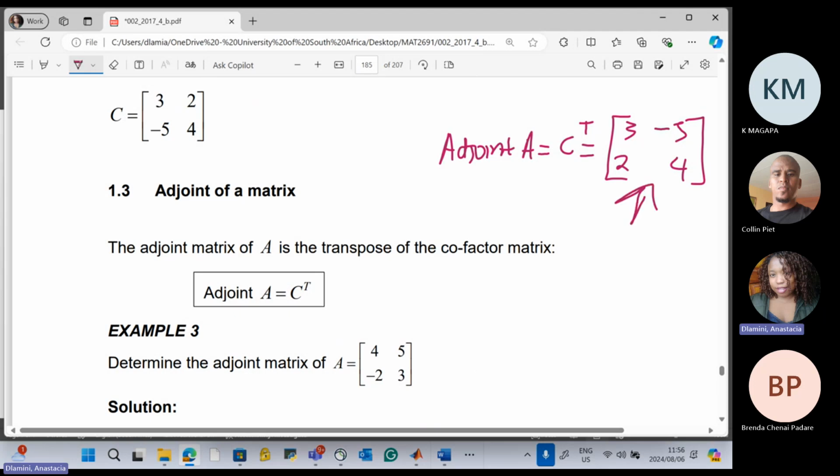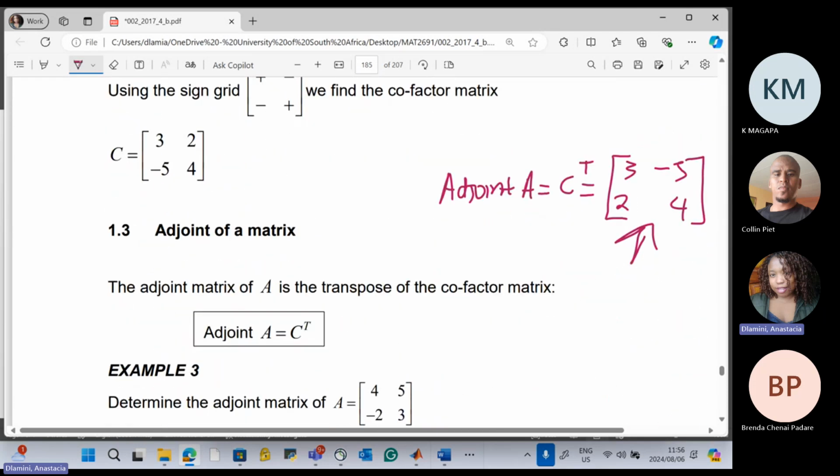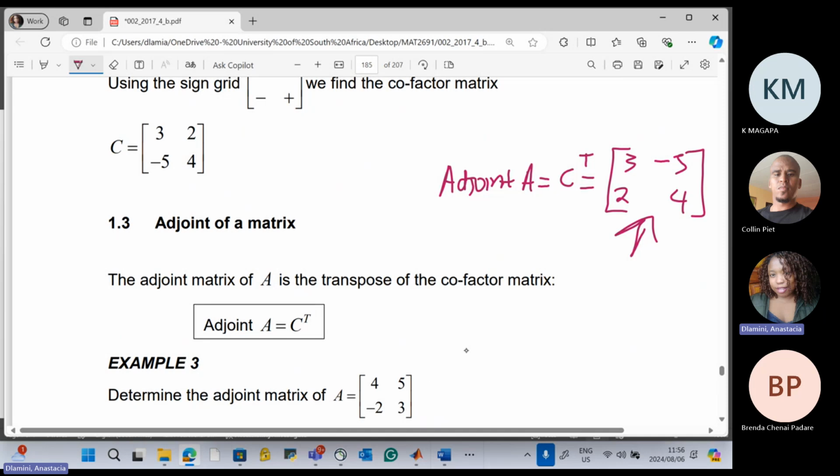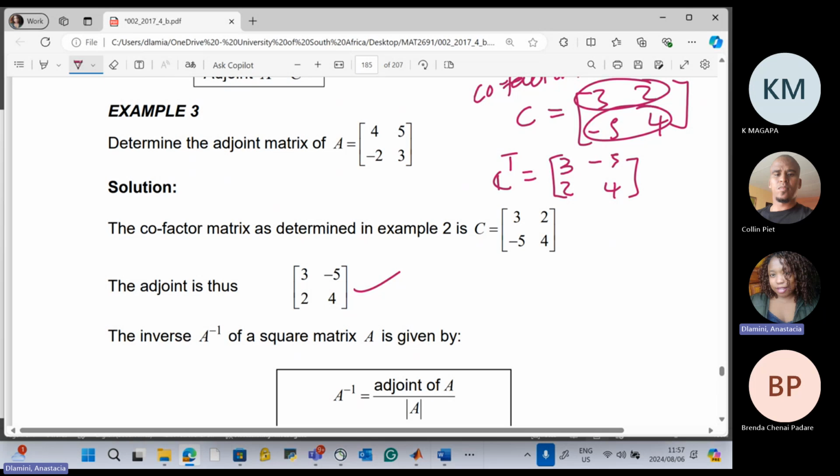This matrix is what we calculated here, so we know the cofactor matrix of A. Let's call it C. We found that it's 3, 2, -5, and 4. Now the adjoint is the transpose, C to the power of T. Rows become columns, and columns become rows. So that's the adjoint. Voila.